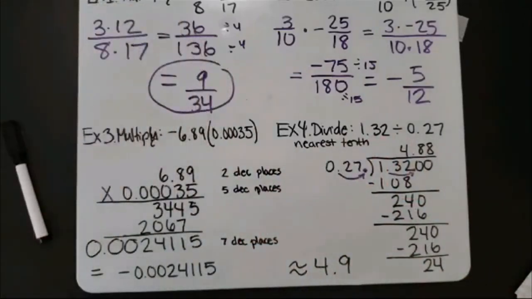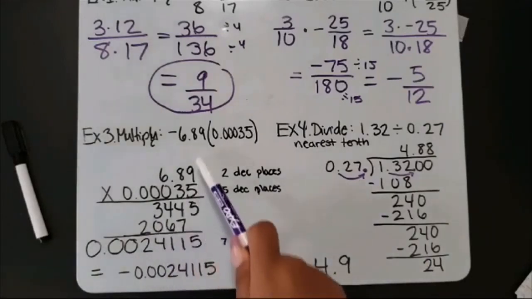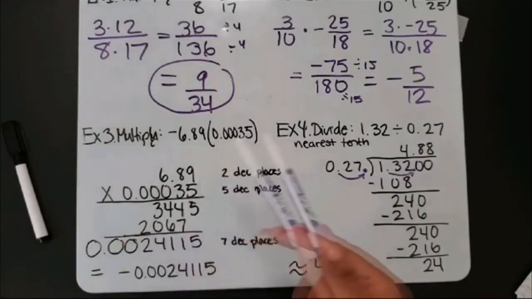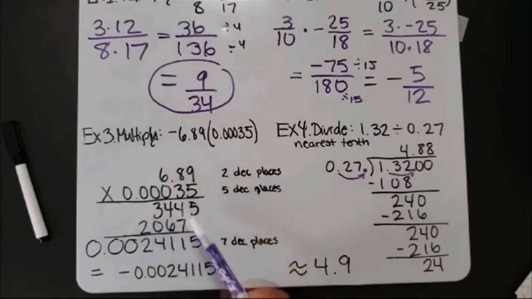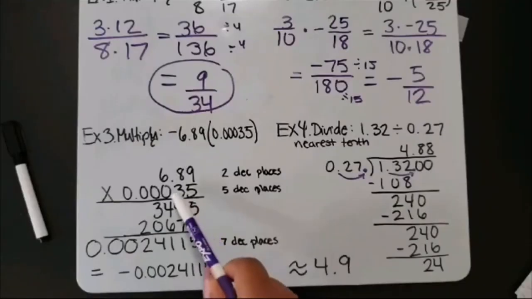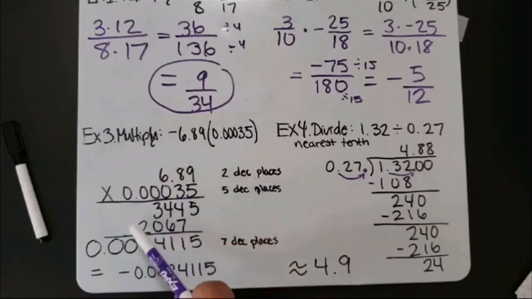So if you wanted to do this the long way, all you have to do is just set it up how you would do regular multiplication. You know, take the 5 and multiply it by everything, then skip this to 3 and multiply it by everything, add it together.